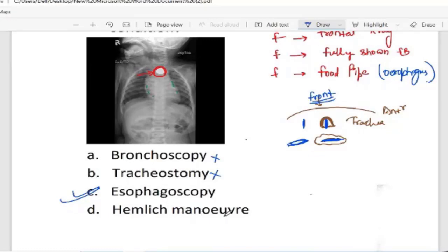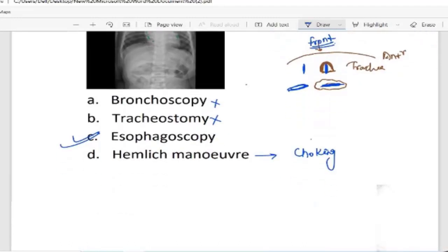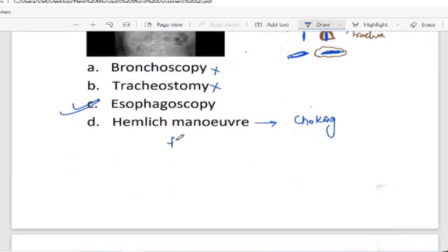Now the fourth option is the Heimlich maneuver. This maneuver is generally done whenever there is choking. That means if a foreign body is blocking the airway, the patient can't breathe and will have a choking sensation.